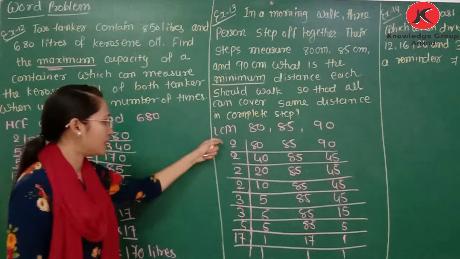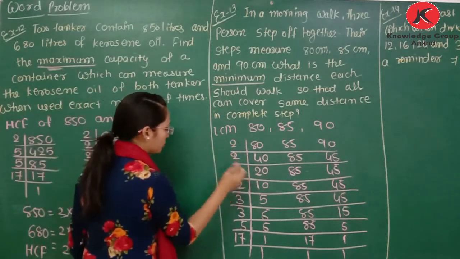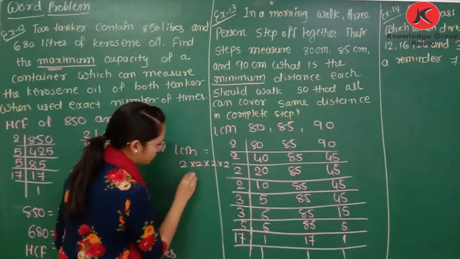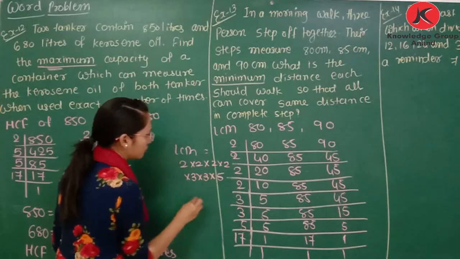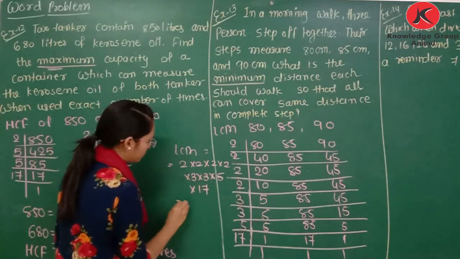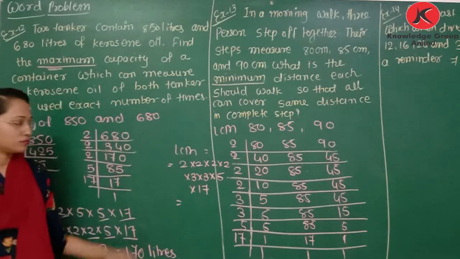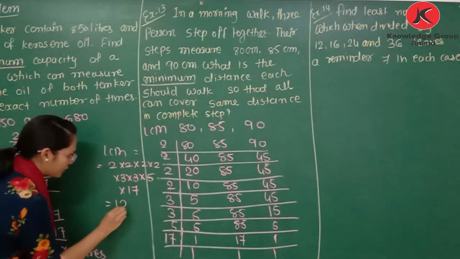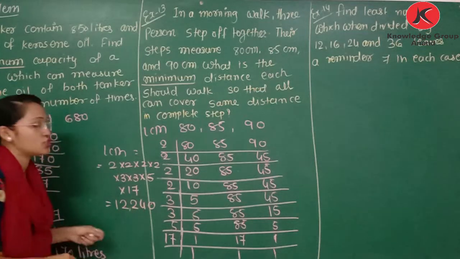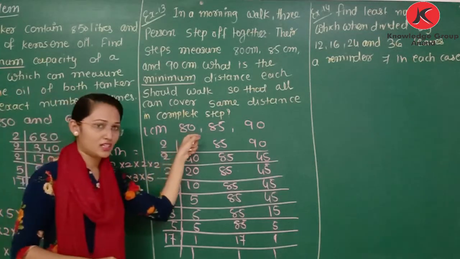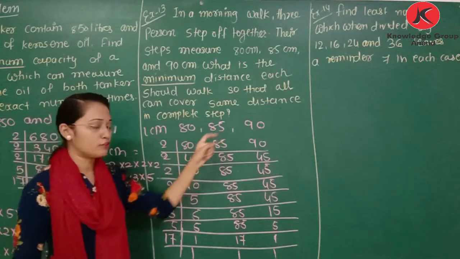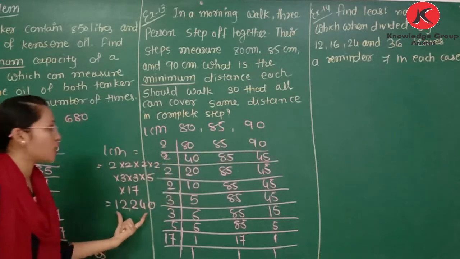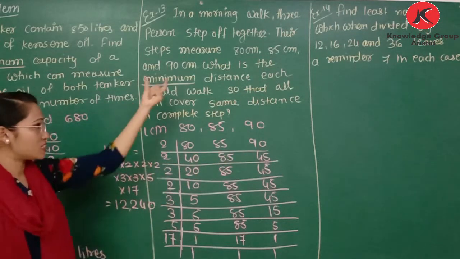So here you need to find the multiplication of 2, 2, and the rest. If you multiply these numbers, you will get 12,240, which is the lowest number that is divisible by 80. 12,240 is divisible by 85, and 12,240 is divisible by 90. It means this much distance they should cover when the steps are different.